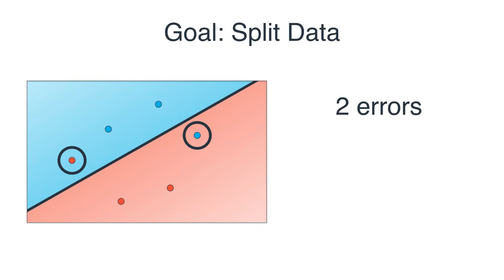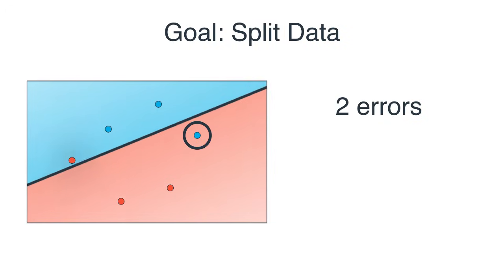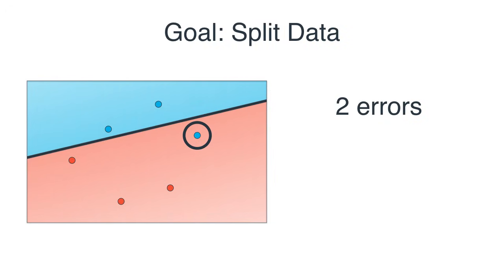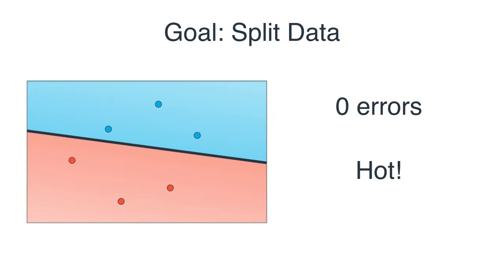So I can do gradient descent and move this line around to see where I can decrease the error the most, and then maybe I can manage to decrease this error by 1 by classifying correctly 1 point, and then I can do it again, correctly classify the other point, and now I'm hot because I have found my solution, which is 0 errors. So this is almost the correct solution. There's a very, very small subtlety that makes it actually impossible for us to solve this problem with that error function. I'm going to show you what the subtlety is.